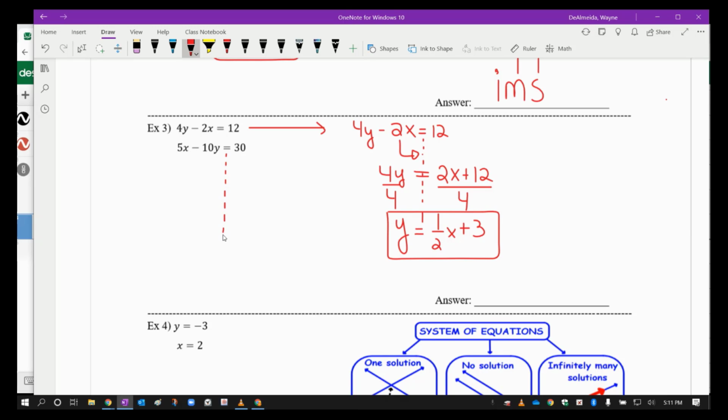We get the y alone. In this case, we're going to move the 5x to the other side, so that means this would be negative 10y equals negative 5x, and the 30 comes down as positive 30. Now we're going to divide both sides by negative 10, and then y gets alone on this side.